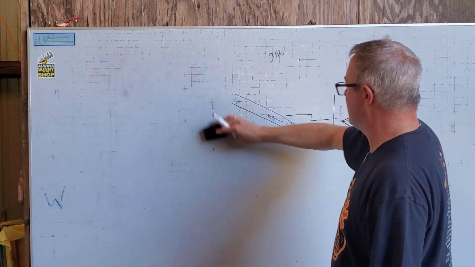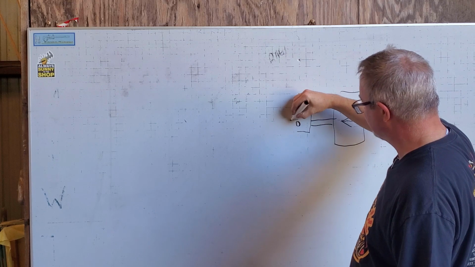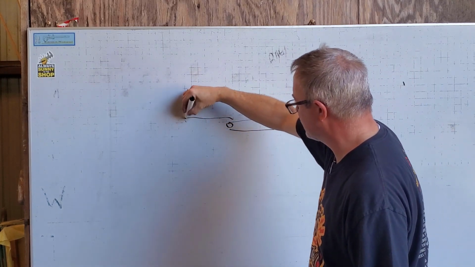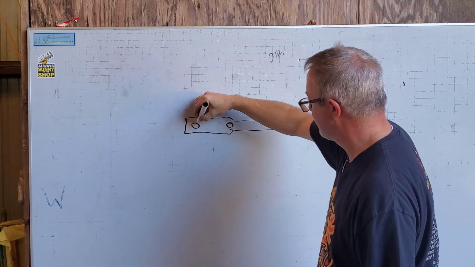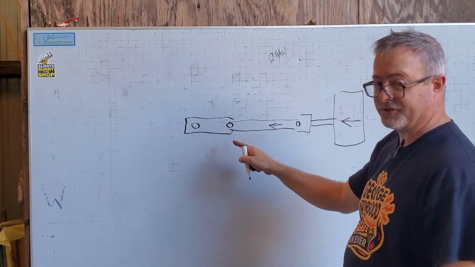So when we are dead straight, in other words, piston at top dead center and crank horizontal, that force has no component that tends to rotate the crank.